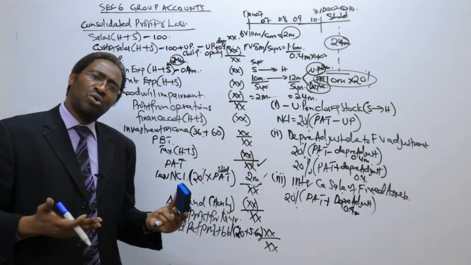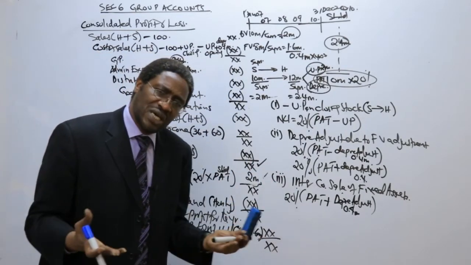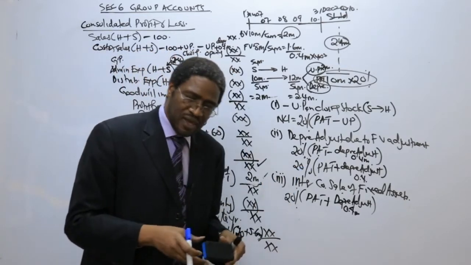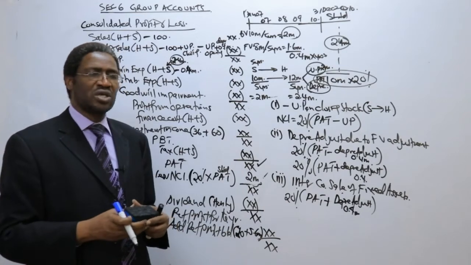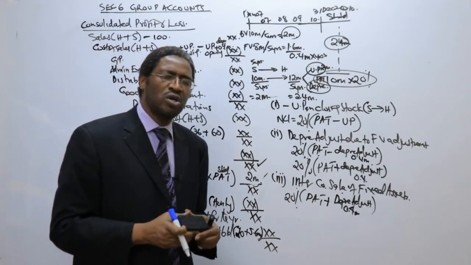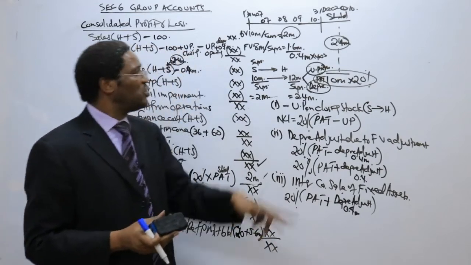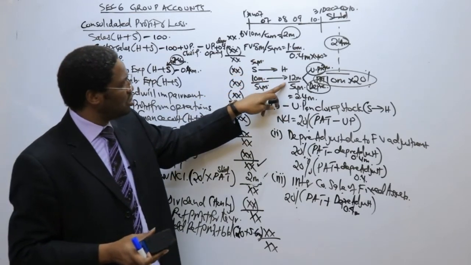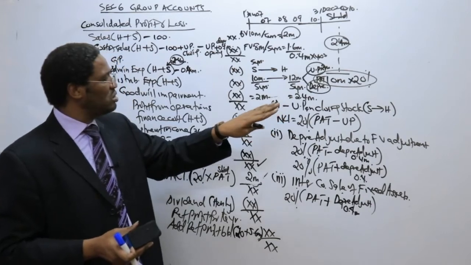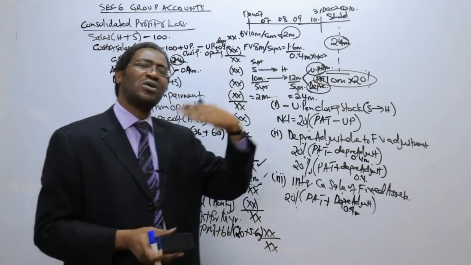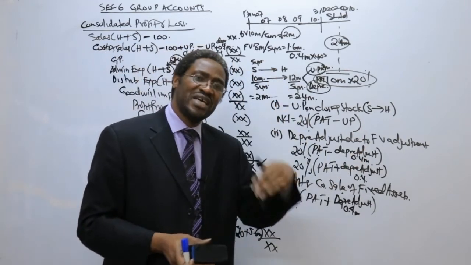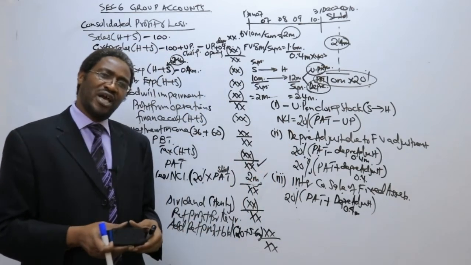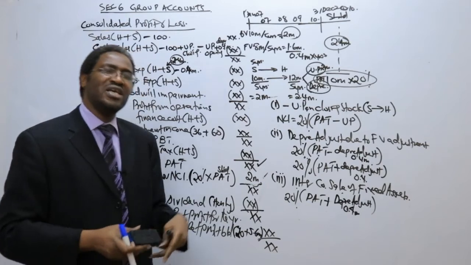But as far as the group is concerned, there is nothing like an intercompany item. Whenever you are doing group accounts, you normally cancel all intercompany items. So where the subsidiary company sold the machine to the holding company at 12 million, that machine should remain in the books of the group, not at 12, but at 10 million, how much it cost S. S on their own, when they sold, recognized a profit.